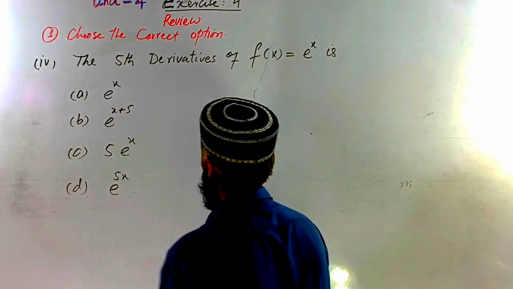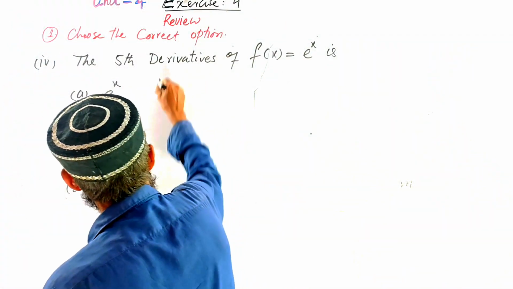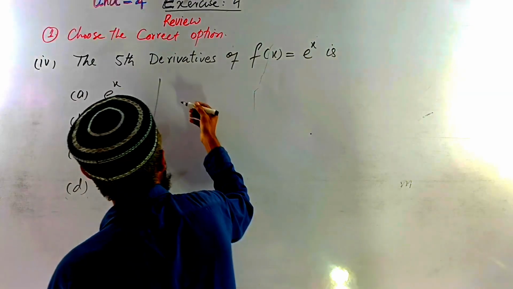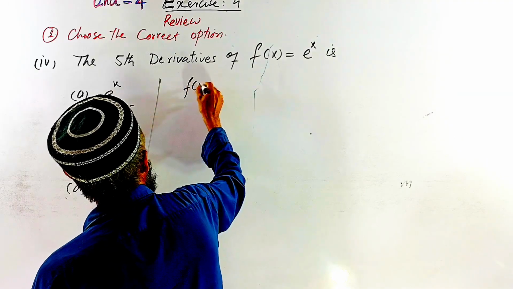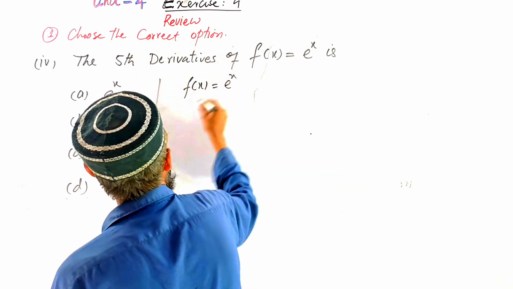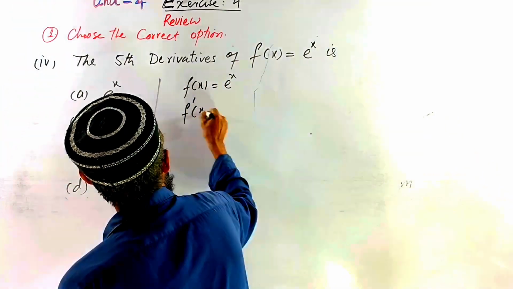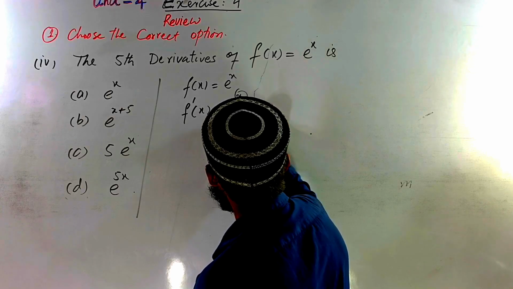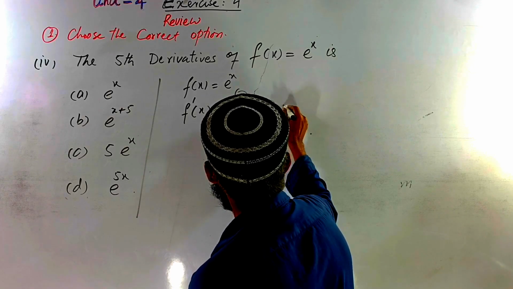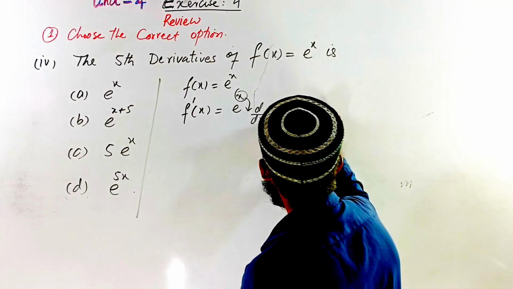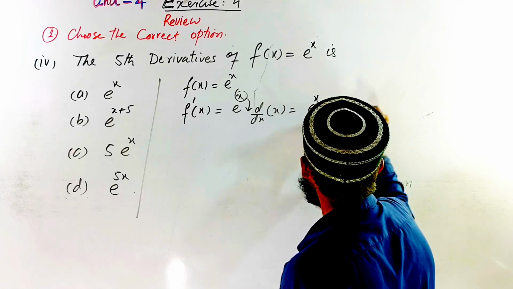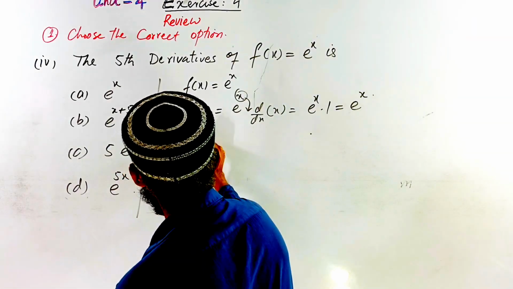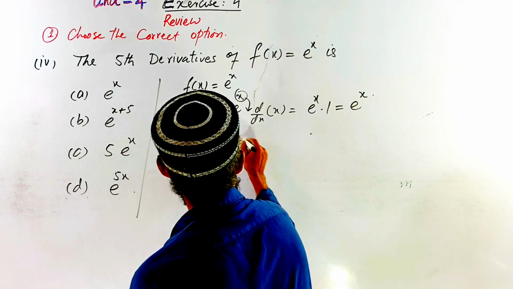According to this, we know that the derivative of e power x is equal to e power x. First derivative of e power x is e power x, and further derivative of this function, dy by dx, x derivative is 1, e power x into 1 is equal to e power x. Similarly, if we are finding f double dash x, it is e power x; again the further derivative of e power x, we get e power x into 1 is equal to e power x.